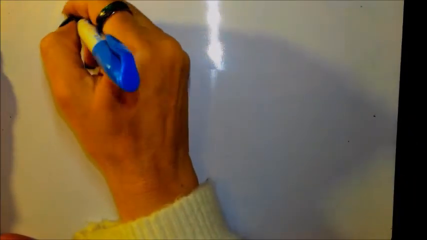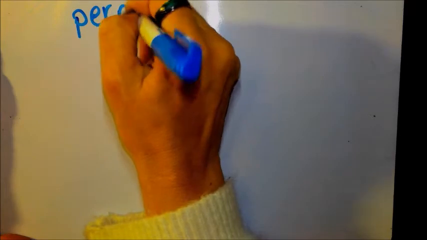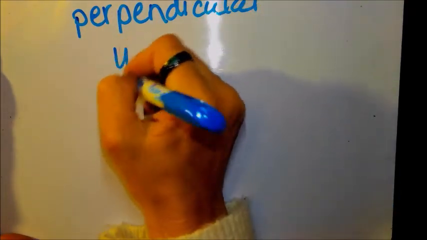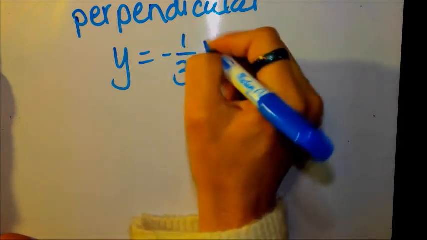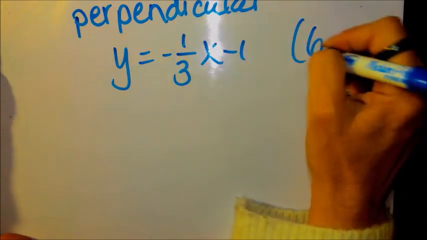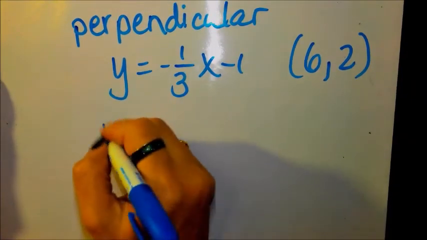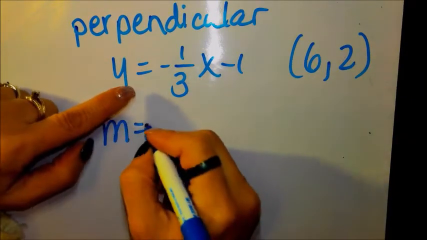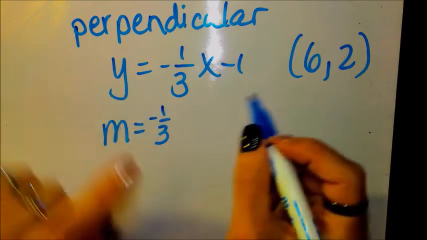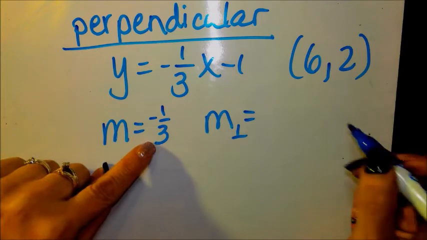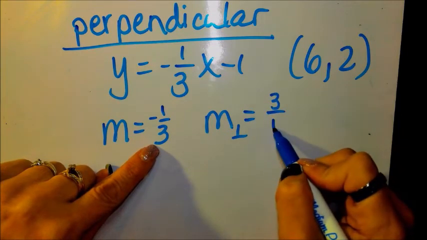If I ask you for the perpendicular, this is the last one. Perpendicular. All right, and I say y equals negative 1/3 x minus 1, and it passes through the point 6, 2. Perpendicular lines, that means the slope of this line is negative 1/3. The slope of the perpendicular line, flip it, so that makes it 3/1.